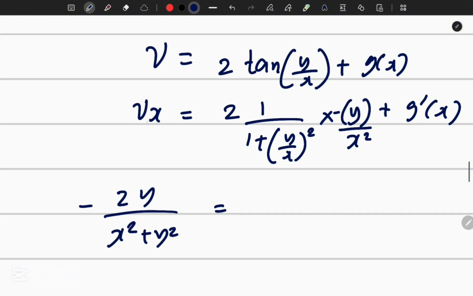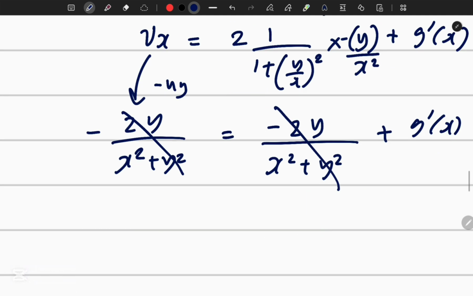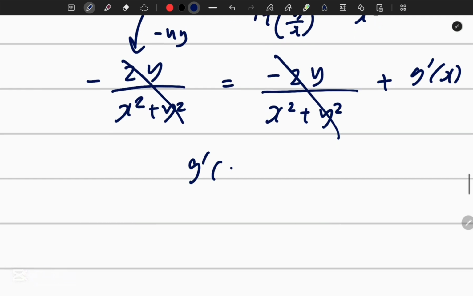This equals v_x equals minus u_y, and the x² terms cancel out. So this equals minus 2y over (x² + y²) plus g'(x). This cancels out, so g'(x) equals 0.